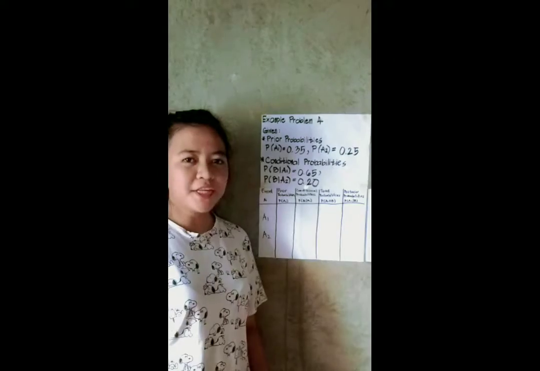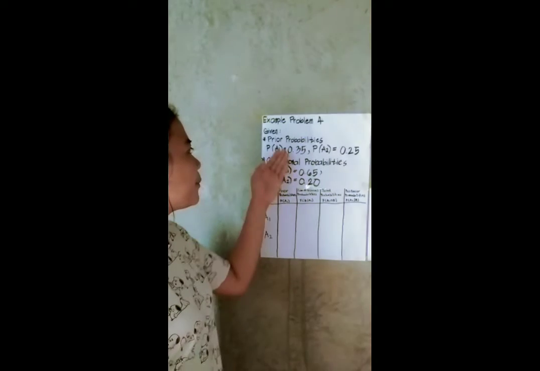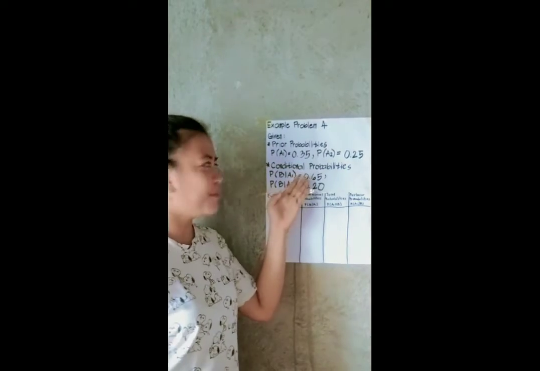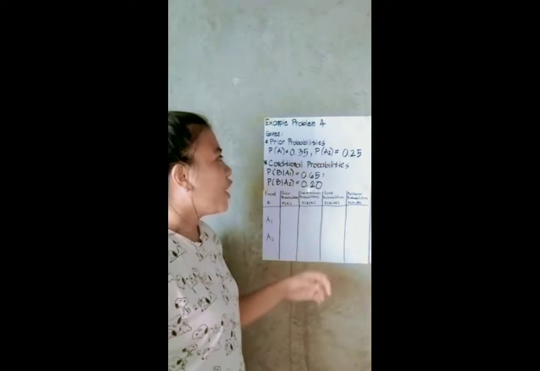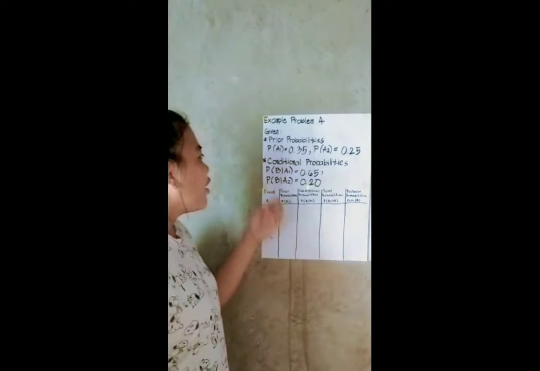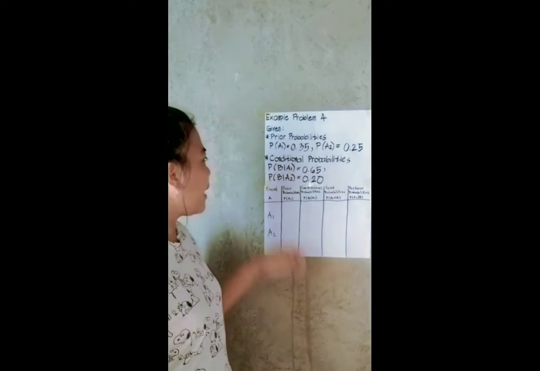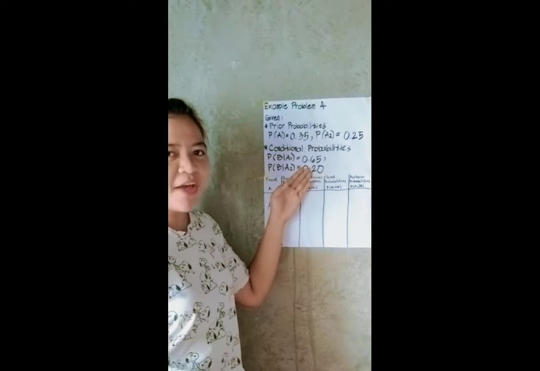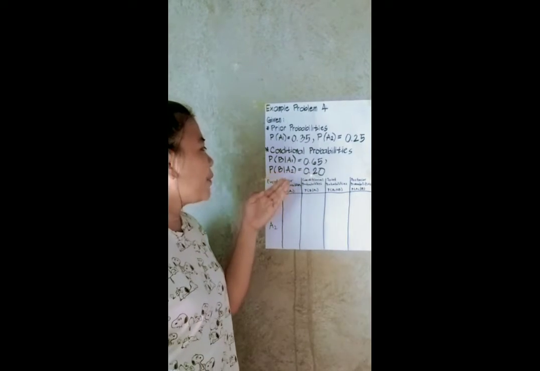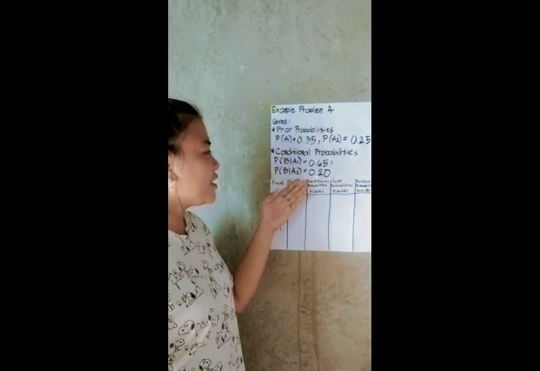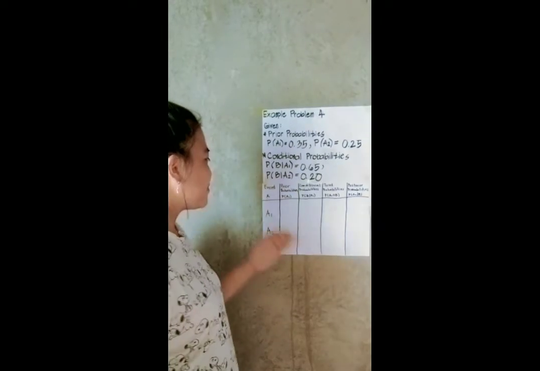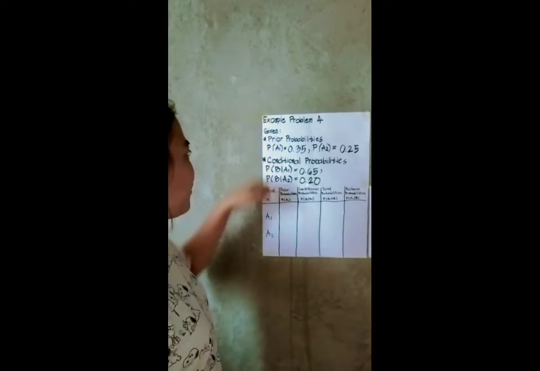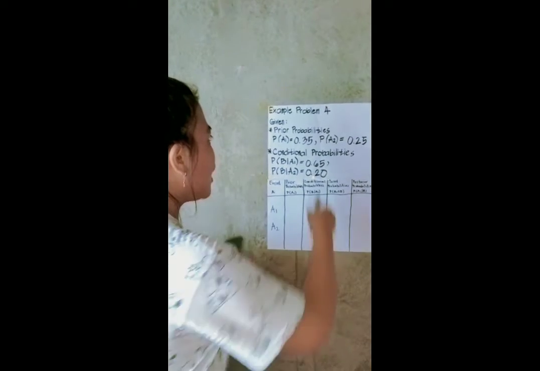That's all. Now example problem 4. Prior probabilities: probability A sub 1 equals 0.35. Probability A sub 2 equals 0.25. Conditional probabilities: probability of B given A sub 1 equals 0.65. Probability of B given A sub 2 equals 0.20. Then, prior probabilities, copy the 0.35.